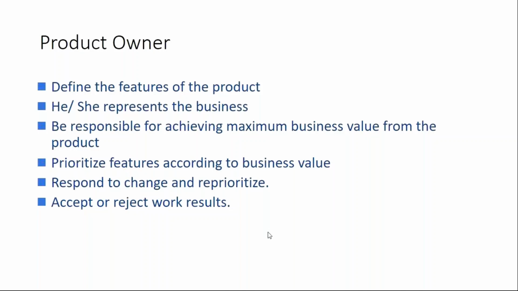He or she defines the features of the product, because the team might not know the management's expectations or why those features are part of the product backlog. So he or she represents the business. If any questions arise and he or she is not aware of the answer, they get back to the stakeholders and come back and inform the team.